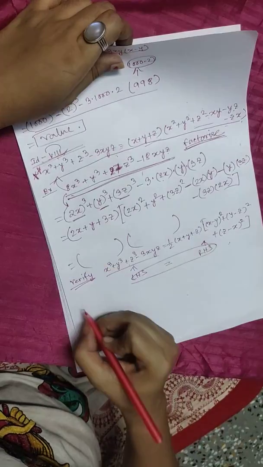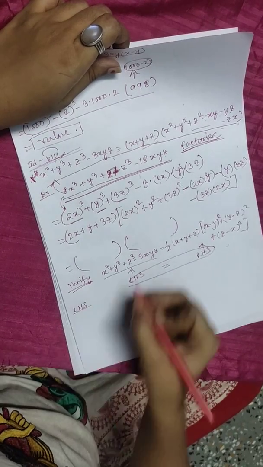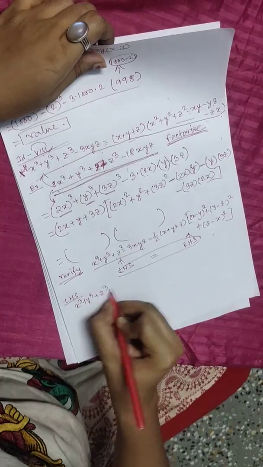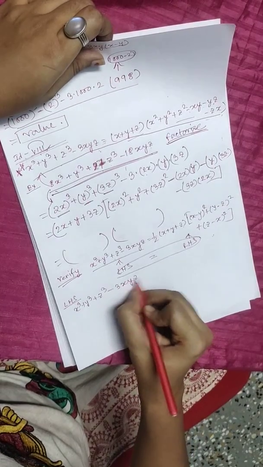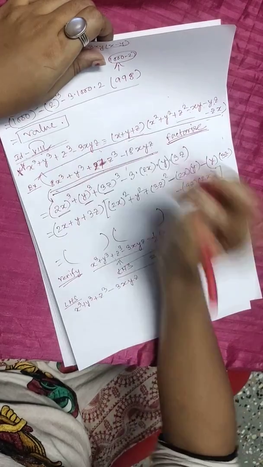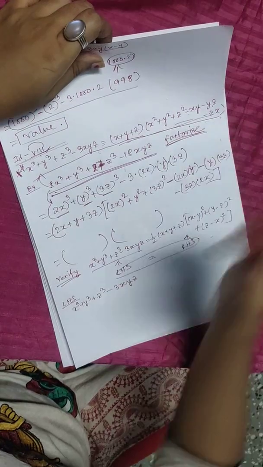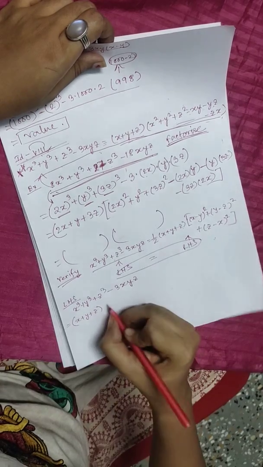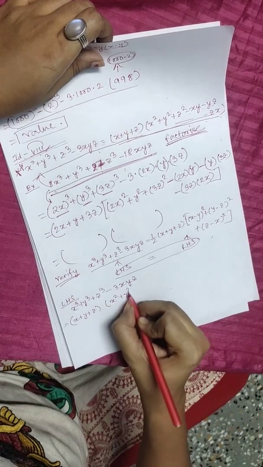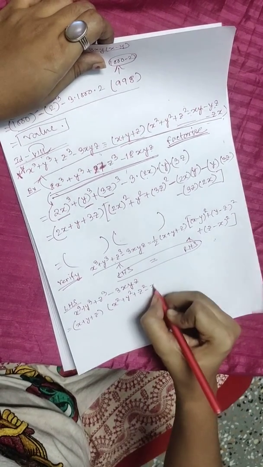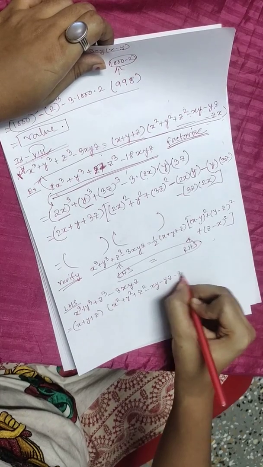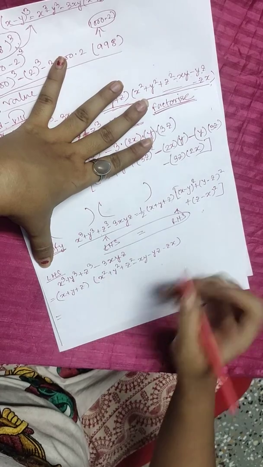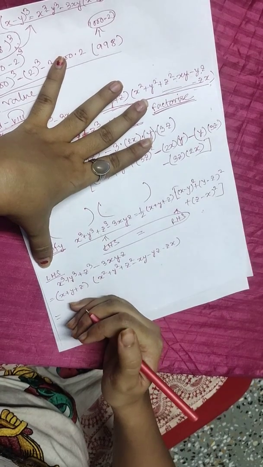Now let's get the proof. We first write the LHS part, that is x cube plus y cube plus z cube minus 3xyz. Now by using identity 8, you can write it like this. (x plus y plus z) into (x square plus y square plus z square minus xy minus yz minus zx). Now, if you multiply this part with 2, then you have to divide it by 2.